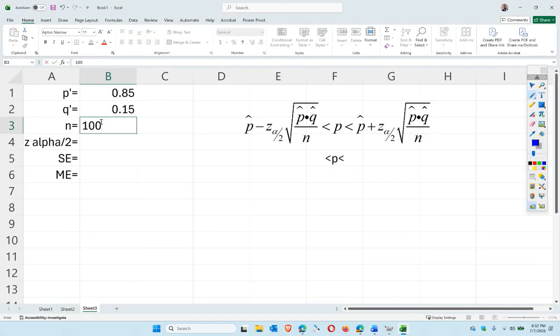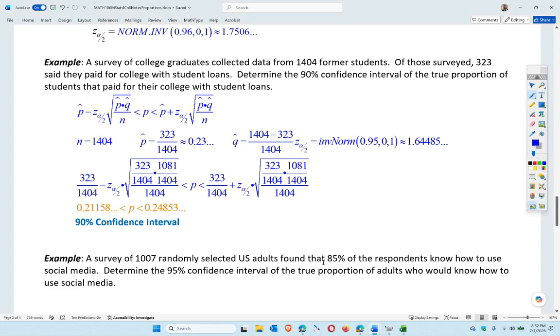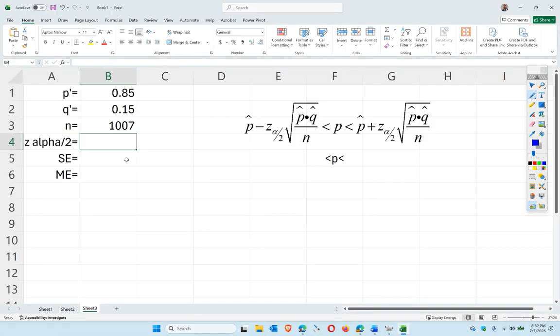So 1,007. Okay, what is our z alpha divided by 2? Okay, so this is a 95% confidence interval, right? Which means it's 5% on the tails, correct? So half that's 2.5, right? So 2.5% plus 95 is 97.5.